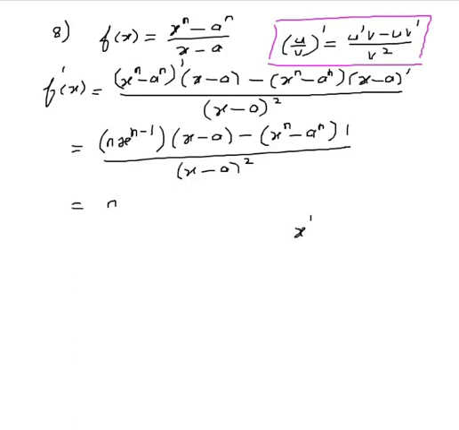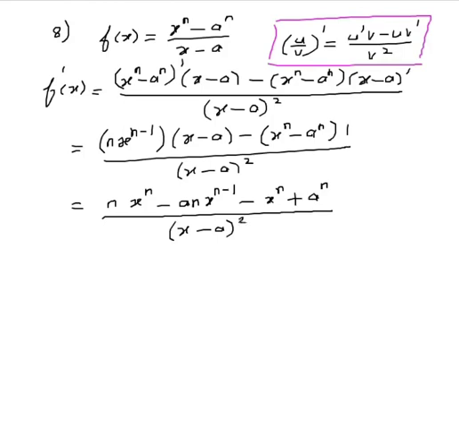N into x raised to n minus 1 into x. Powers should be added. Therefore, it becomes x raised to n minus the second term, a n x raised to n minus 1 minus x raised to n, minus of minus is plus a raised to n divided by x minus a the whole square.